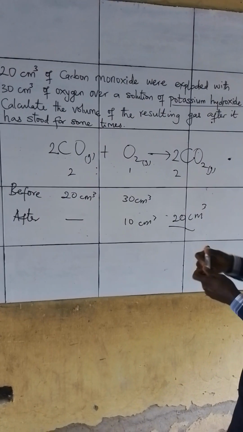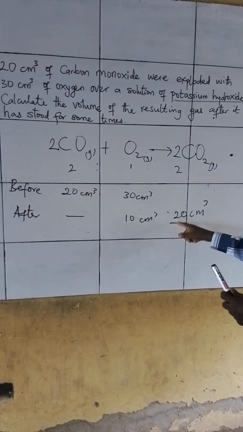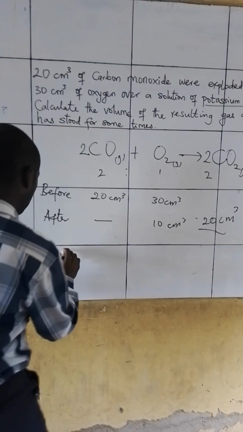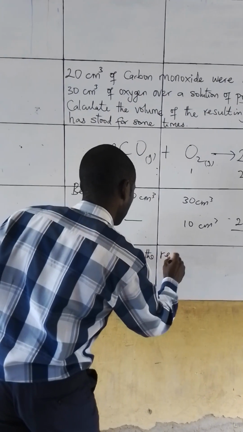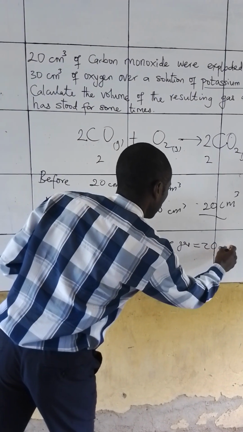The question says calculate the volume of the resulting gas after it has stood for some time. So the volume of the resulting gas equals 20 cm³.